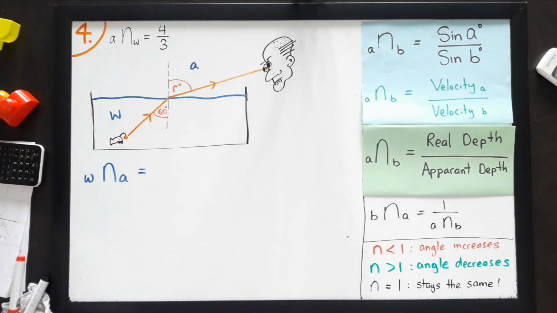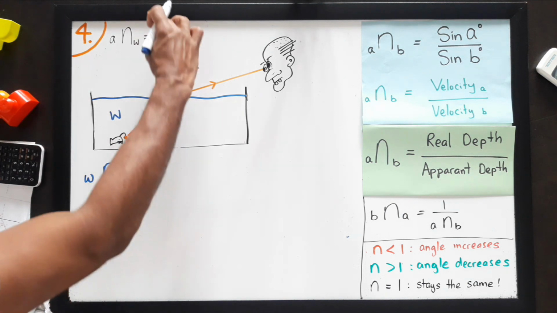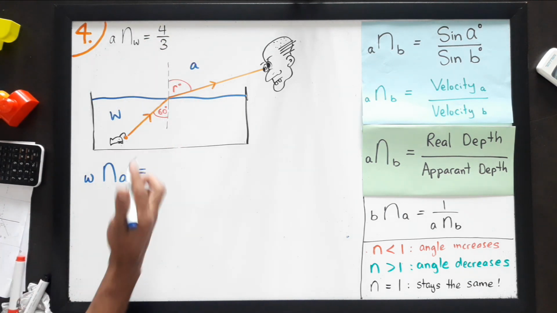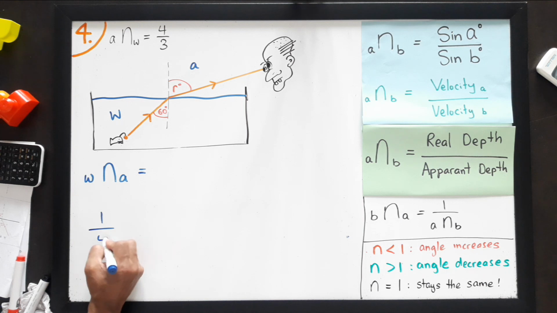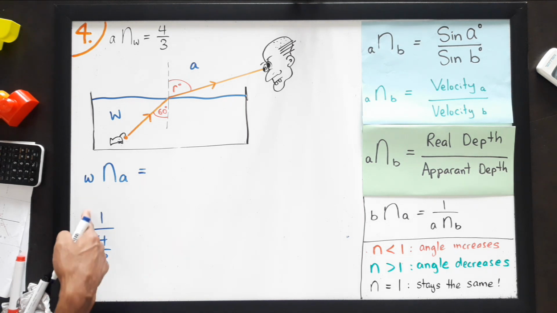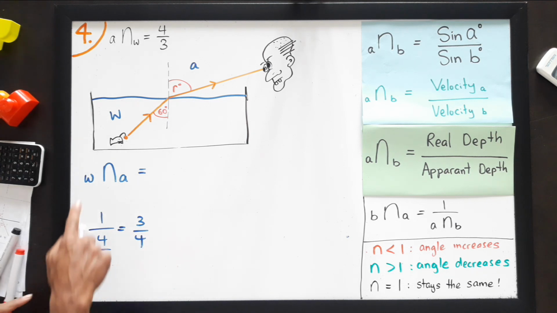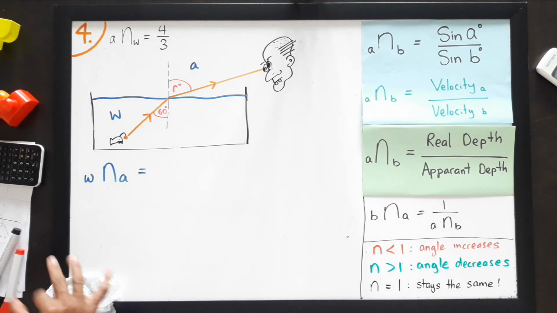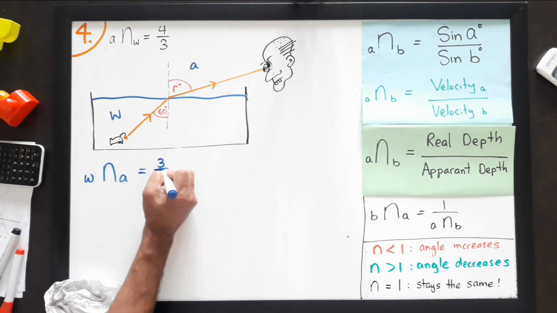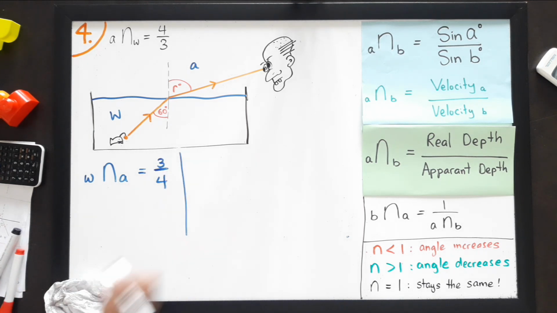So we need to flip this. If we throw the whole thing underneath a 1 and we simplify it, we will just get 3 on 4. So the refractive index from water to air is 3 on 4. Right? So let's do the calculations from this point now.